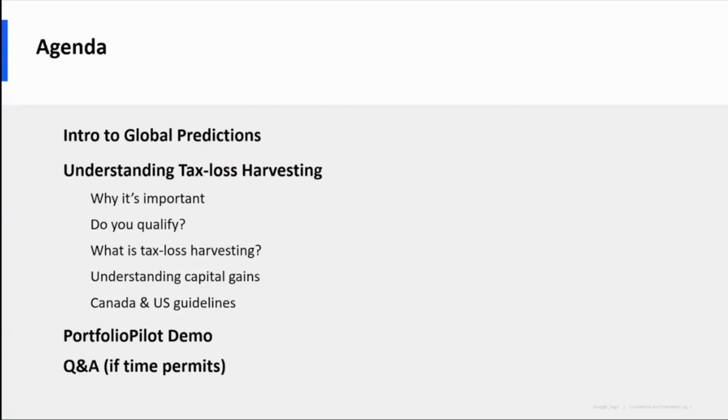Also, we'll get into what tax loss harvesting is, understanding capital gains, and going through some Canadian and US guidelines and examples as well. With all of that, we also want to spend a little bit of time at the end to give you a quick demo of Portfolio Pilot's tax loss harvesting feature. And then if time permits, we'll open it up to Q&A, and we also have other opportunities to ask questions as well.